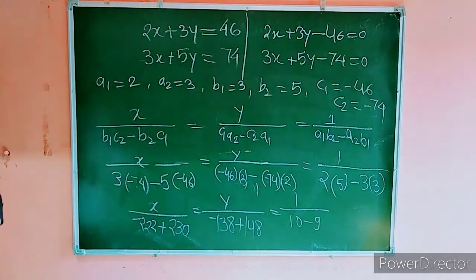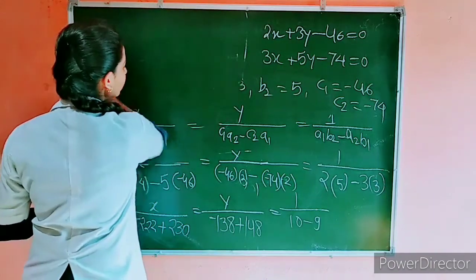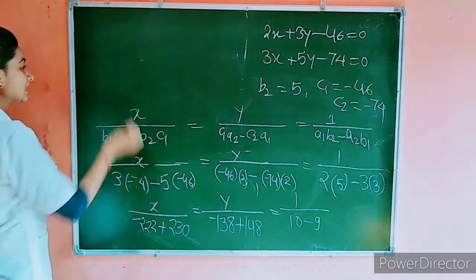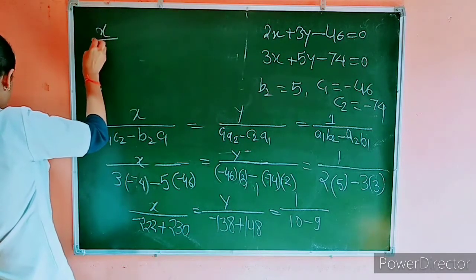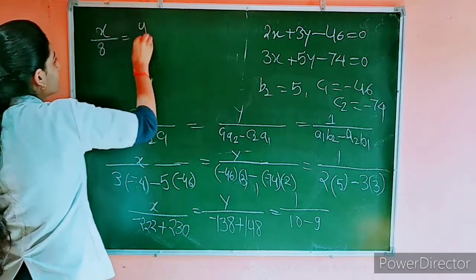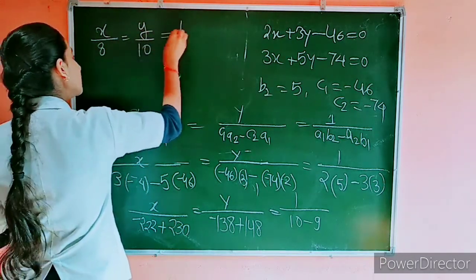Now by subtracting this we get x upon 8, y upon 10 and 1 upon 1.